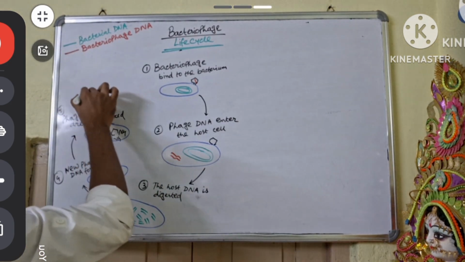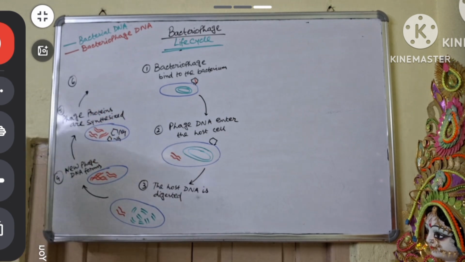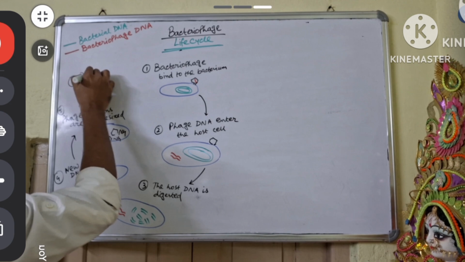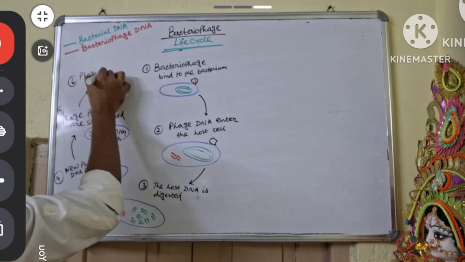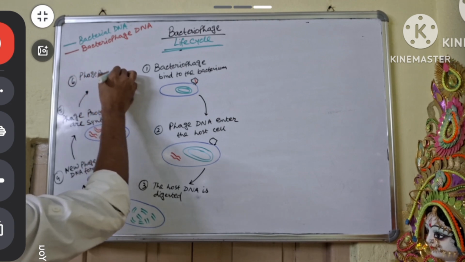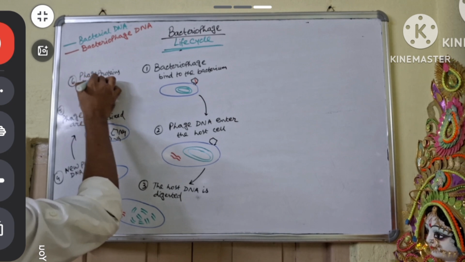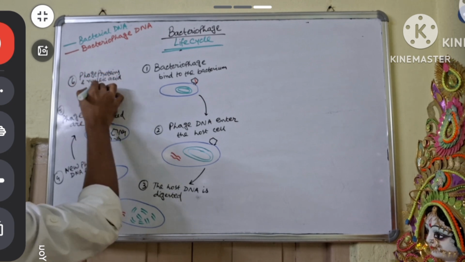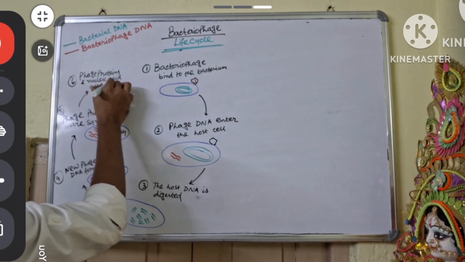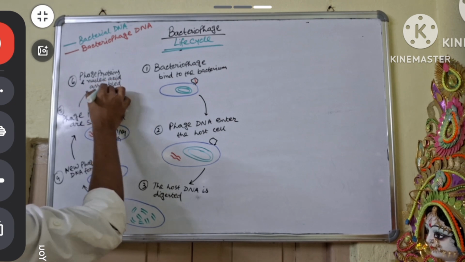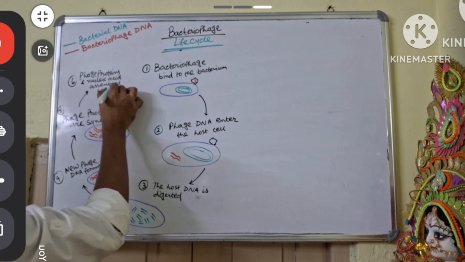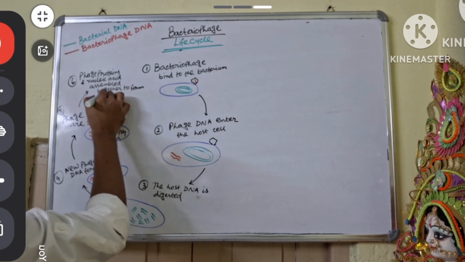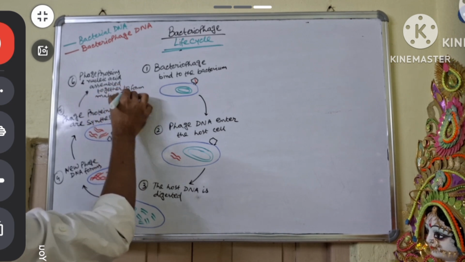Number 6. Phage proteins and nucleic acid assemble together to form mature bacteriophage.